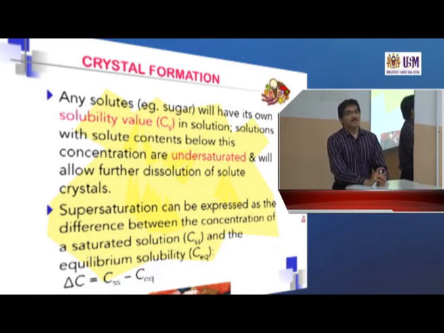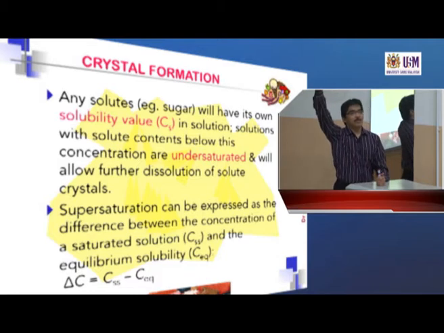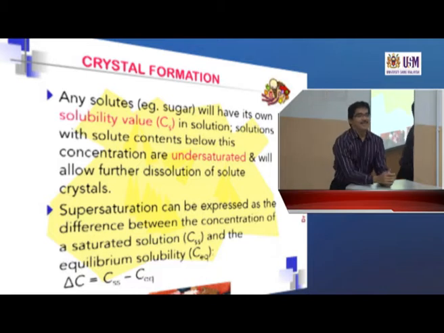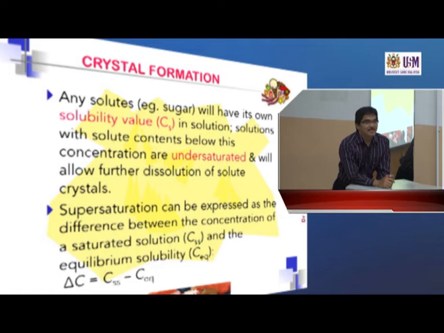How many say increase? Raise your hand now. How many of you say decrease?